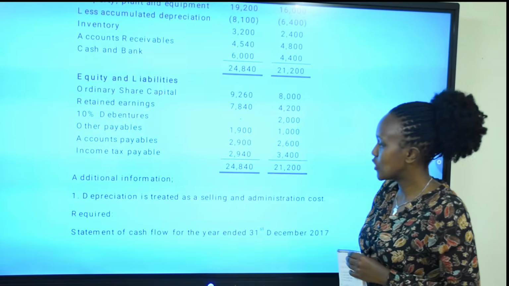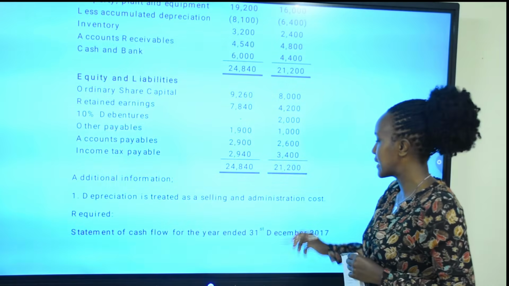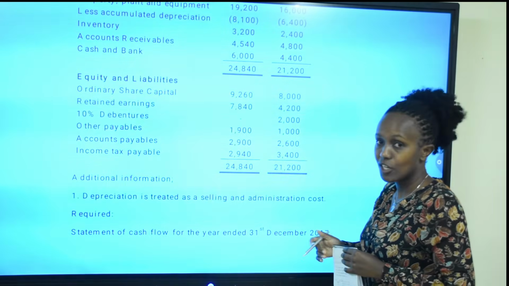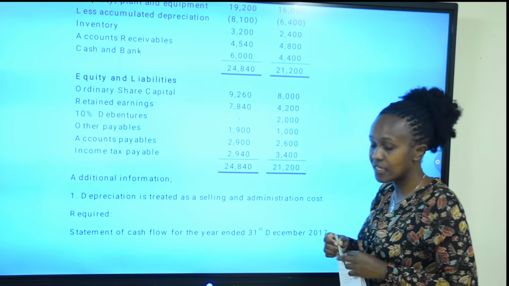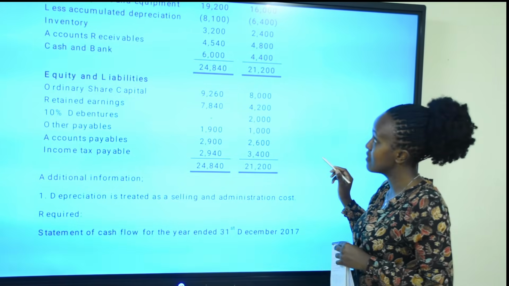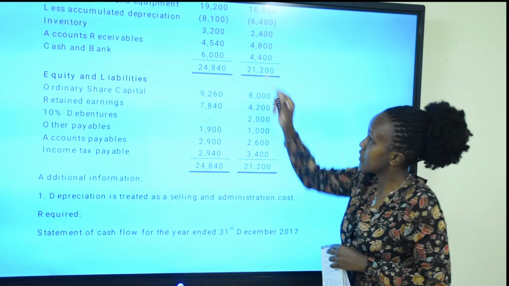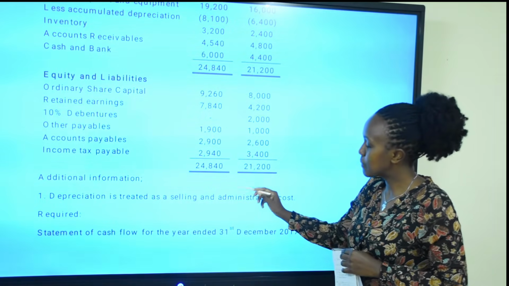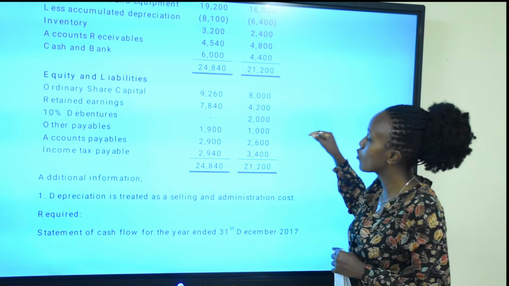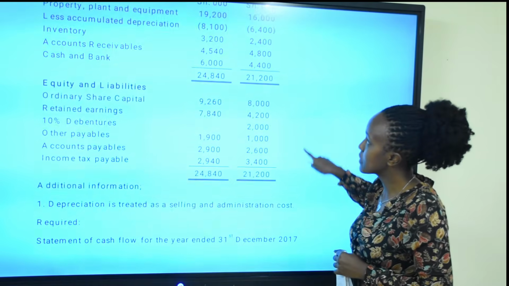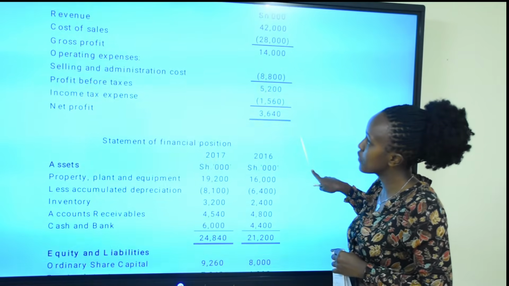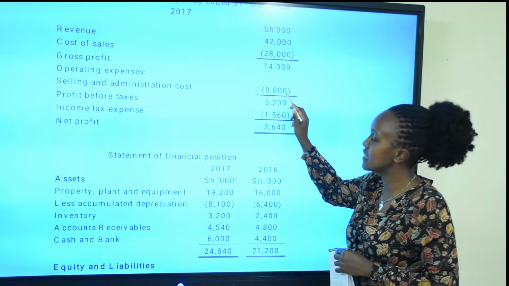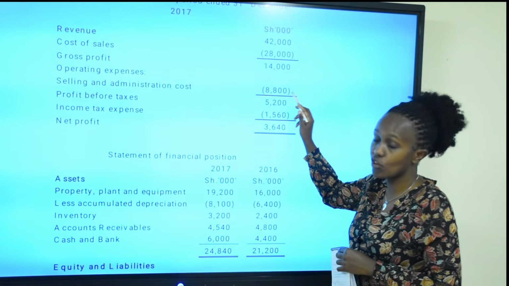So the additional information says that depreciation is treated as a selling and admin cost. So the depreciation that we have said is 1,700. This depreciation of 1,700 means that it is included in the income statement. It is included in the figure of 8,800 given as selling and administration cost.